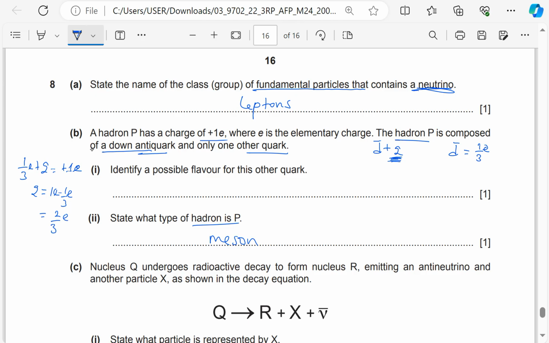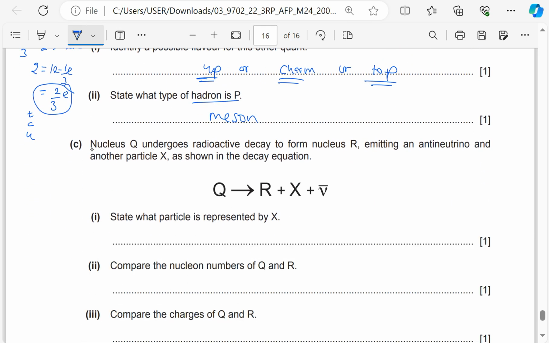And this is going to be either top, charm, or up. So this is going to be an up quark, because the charge of the other quark is 2/3 e. It is up, or it can be charm, or it can be top. You just choose one of these: an up quark, a charm, or a top quark. You don't mention all of these.